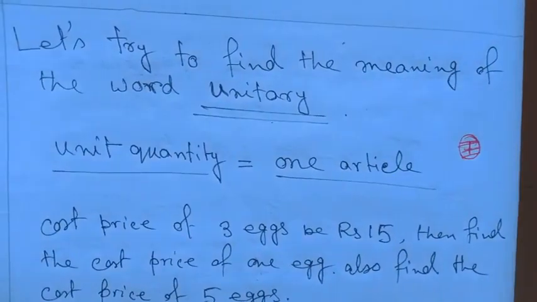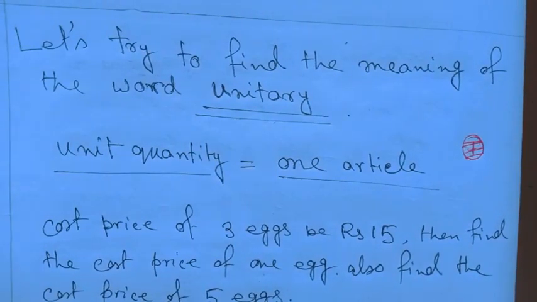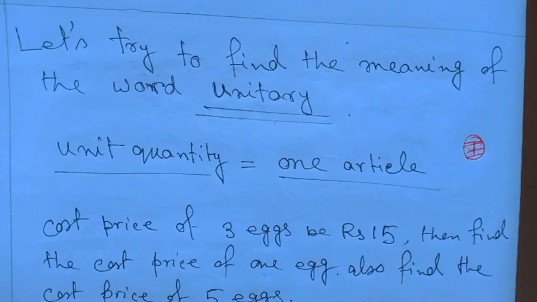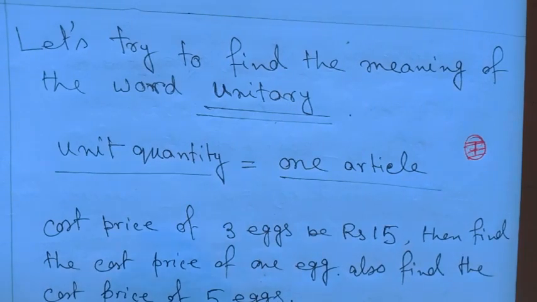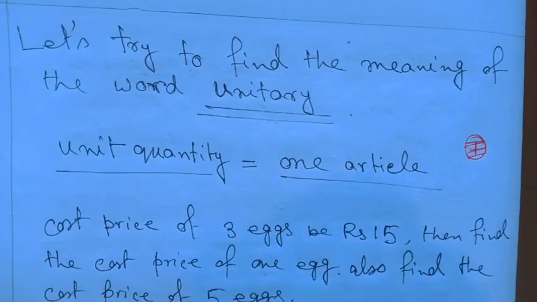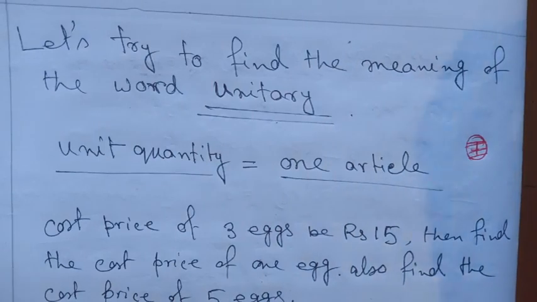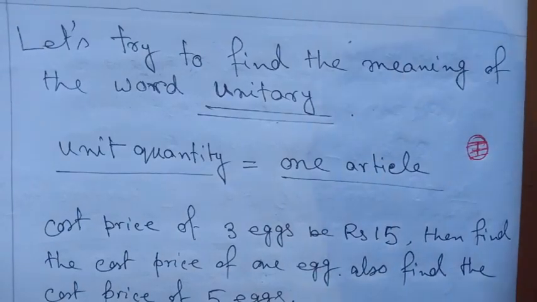Before this, we take a story. Suppose your mother sends you to a shop nearby your house to bring 5 eggs. And your mother says the cost price of 3 eggs is rupees 15.